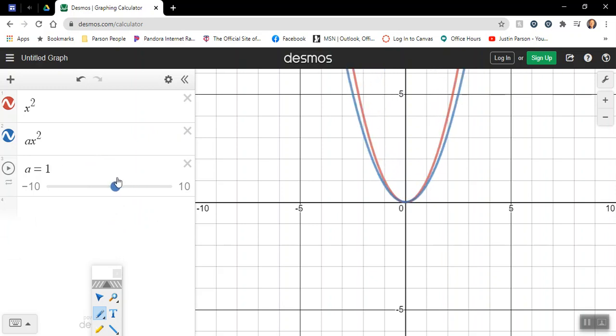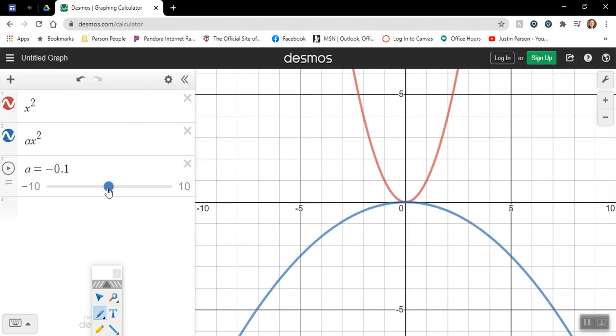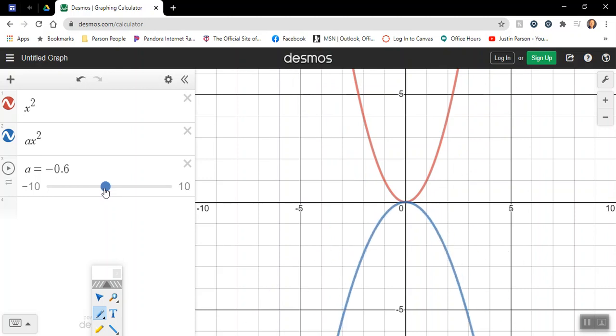In other words, is the blue line going above the red or below the red? It's going above it, isn't it? What if I make A values, say, between 0 and 1? Now where are they at? Above the red or below the red? Below, right? What happens if I make a negative value here? What happens there? Okay. Makes sense to you?